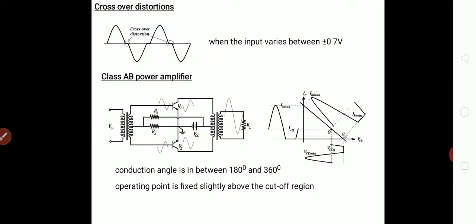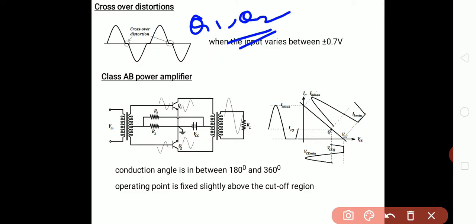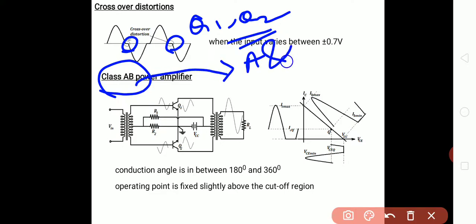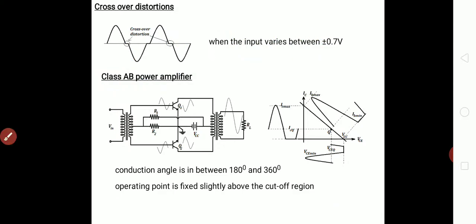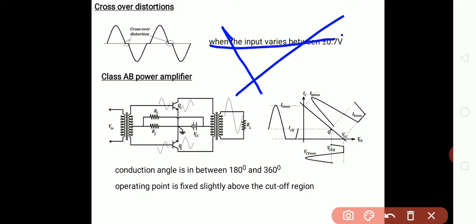So this crossover distortion, which we have discussed already, this part is because of the non-conducting state of Q1 and Q2. So in order to remove this crossover distortion, we are going to use another push-pull power amplifier known as class AB. As the name itself suggests, this is the combination of A and B. So considering class A, where the operating point was fixed here, considering class B, where the operating point was fixed in the cutoff region.